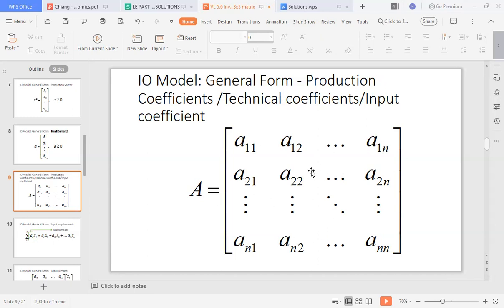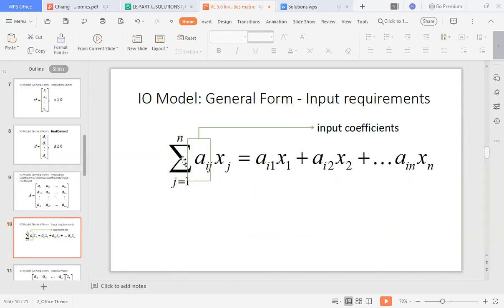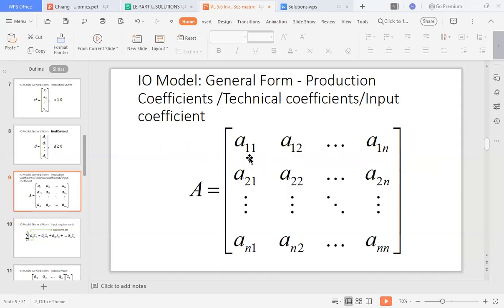But since I told you earlier that our study is strictly 3x3 or three sectors, then we will only deal with a 3x3 production coefficient. Now, let's look closely at the coefficients. As you can see here, class, for these coefficients Aij, i would be our input, j would be our output.